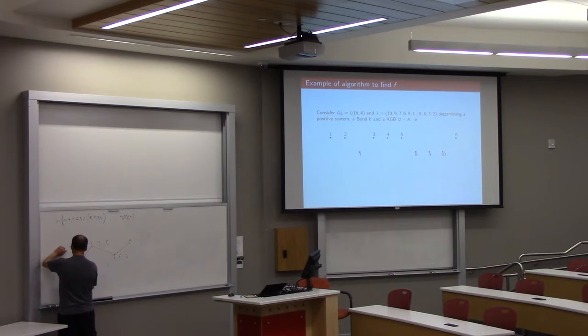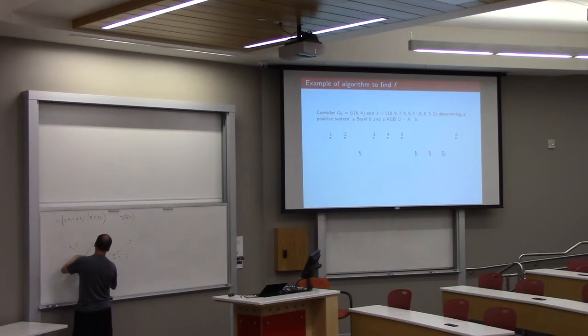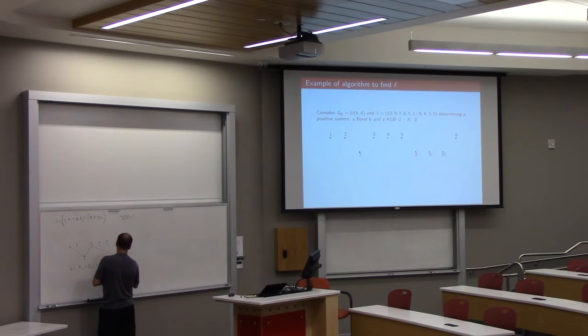And so this gives, I'll call it F0, and that is a root vector 7 minus 1, plus 3 minus 7, plus 8 minus 3, plus root vector 6 minus 8.